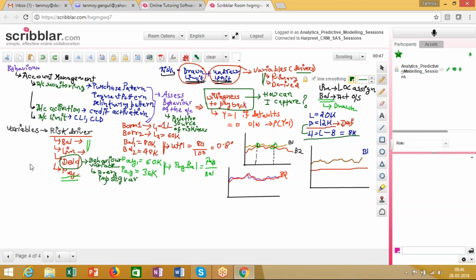So let us think about it as on a given day, from a very predictive perspective. Let's forget any kind of modeling or predictive models or variables.